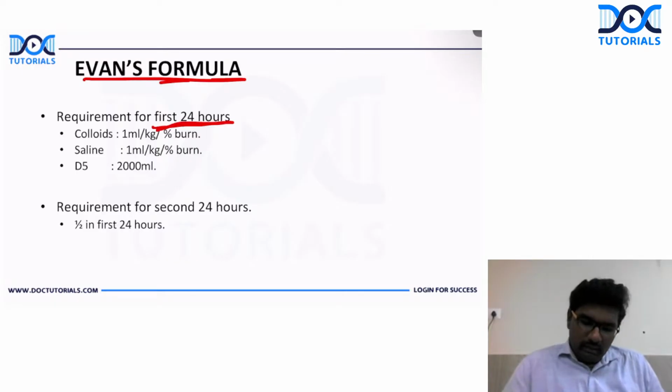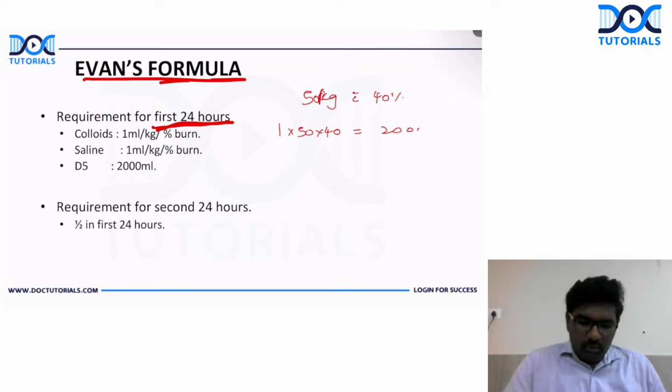For example, the same 50 kg male with 40% total body surface area involved: the colloid required in the first 24 hours will be 1 into 50 into 40, which is 2000 ml of colloids.